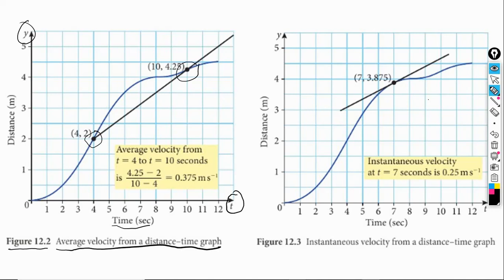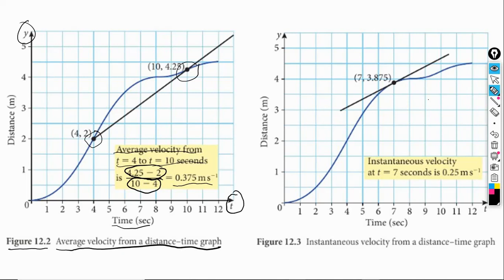Then we can find an average velocity, because velocity is distance divided by time, or difference in distance divided by difference in time. So the average velocity from t equals 4 to t equals 10 seconds would equal the difference in distance over the difference in time. We subtract those and divide and get 0.375 meters per second. So this is a fairly simple operation.